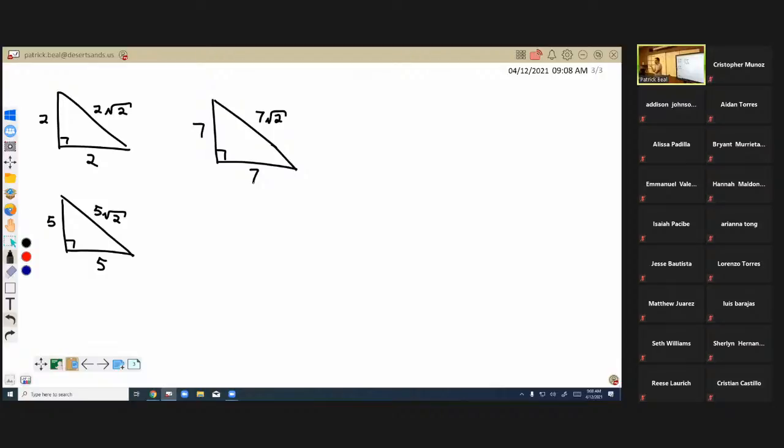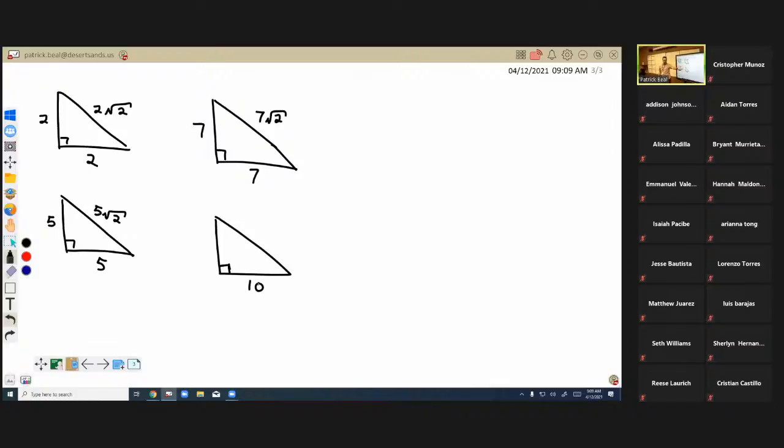On the homework, you're going to be taking advantage of this kind of pattern to find missing sides in the triangle. So they'll tell you one of the sides, and then you need to find some of the other sides using that pattern. Let's say I gave you this triangle. I told you that this side here was 10, and that's it.